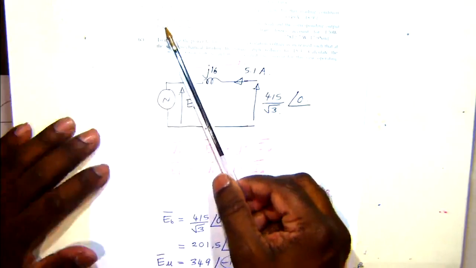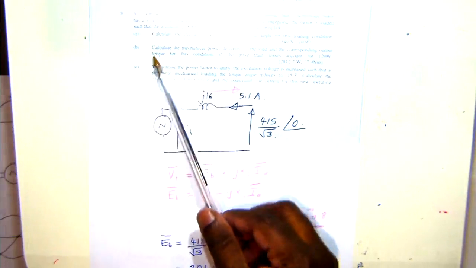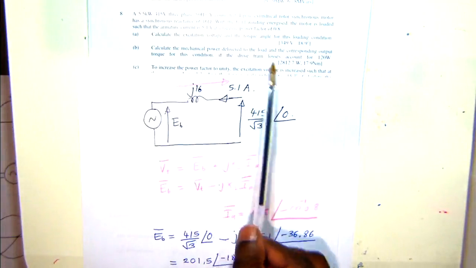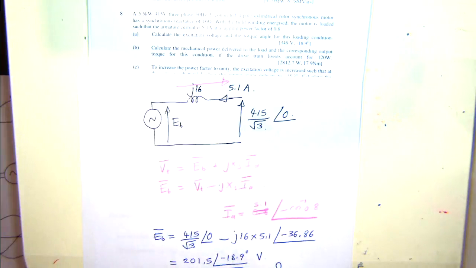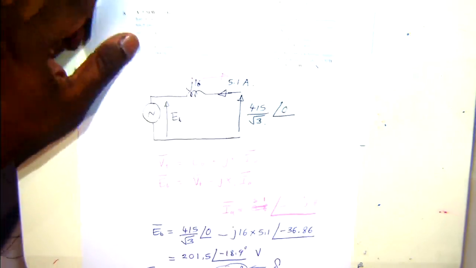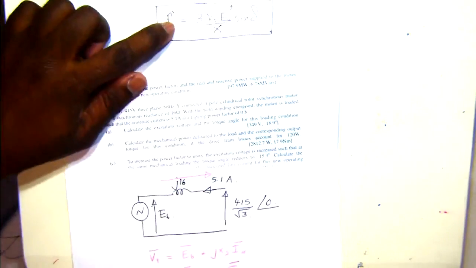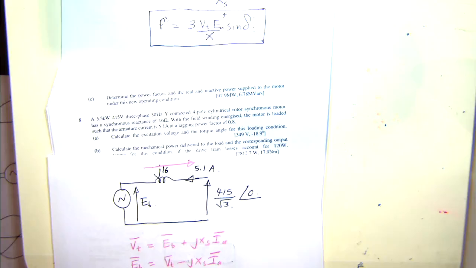So part B of that question: calculate the mechanical power delivered to the load and the corresponding output torque for this condition. So we can use this real power equation to find how much power is being transferred through the synchronous generator.